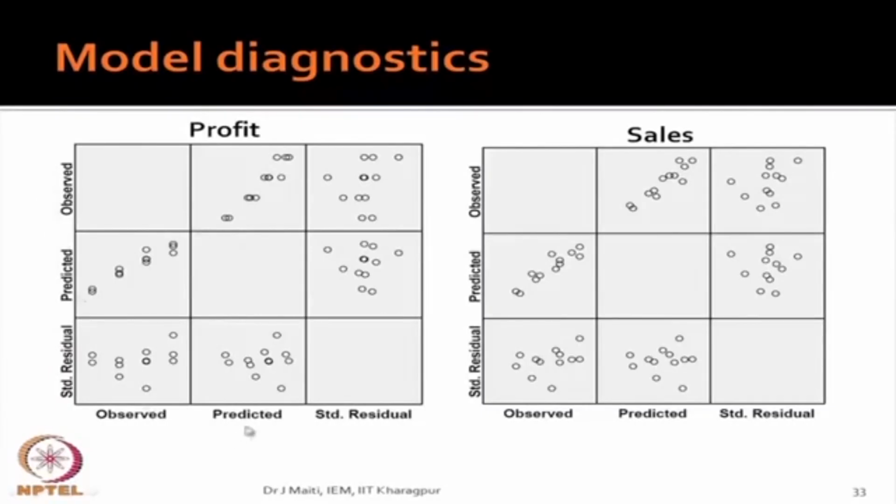Now if you go by residuals versus predicted or residuals versus observed, that should not give any trend, it should be random, it is coming like this. Okay. So predicted versus residuals also should become random. For profit this is the case, and for sales also we are getting a similar thing, and in fact from this figure you are not getting any unusual observation.